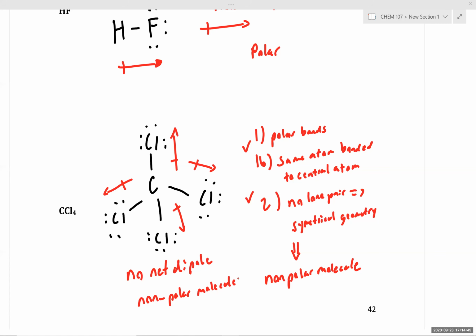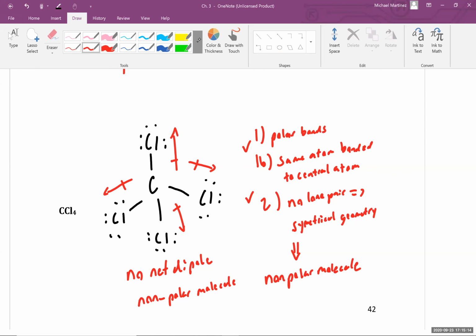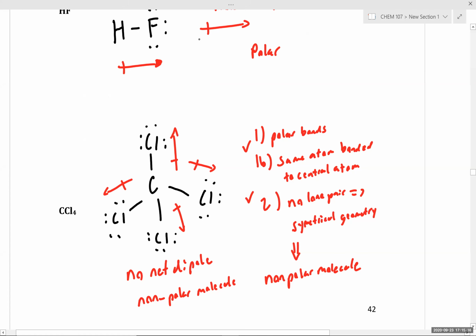And we look at our bond dipoles to understand how they are arranged in 3D space, because those bond dipoles will tell us, when we add them all together, what our molecular dipole is. Does that make sense? Perfect. Any questions on this example?